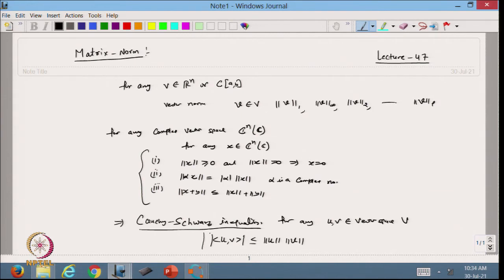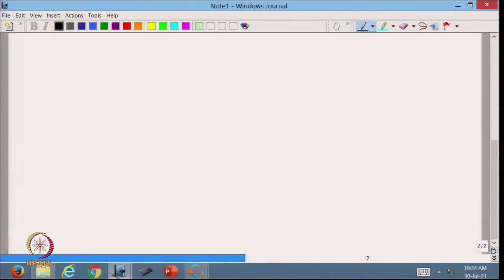So this we can generalize to any vector space, and we have seen how we can define the inner product when we change the vector space. So these things we have already seen.